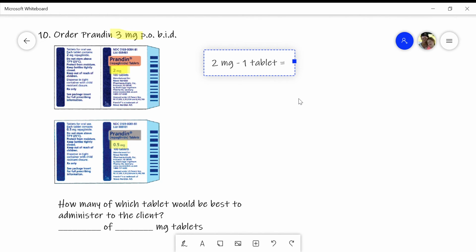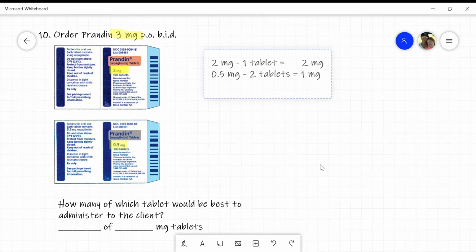And I mean, I understand that, but it's not going to be this hard in real life. Let's see, 1 milligram, and then yeah.